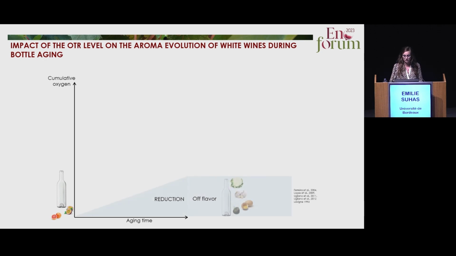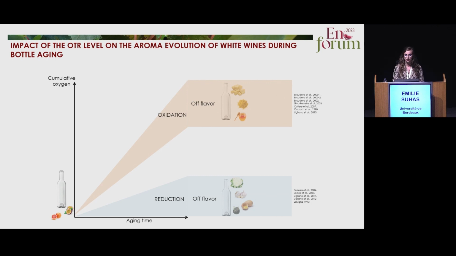Now, it is important to understand how efficient these closures are in modulating the amount of oxygen interacting with the wine. This has an impact on the aromatic evolution of the wines. When wine does not receive enough oxygen, certain notes will develop, which are typically associated with boiled cabbage, and therefore a result of reduction.